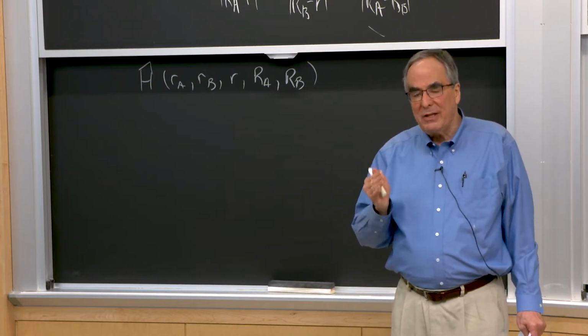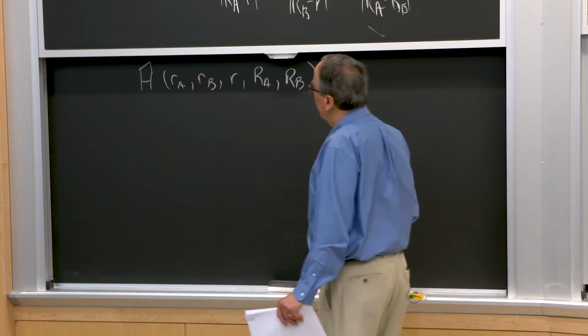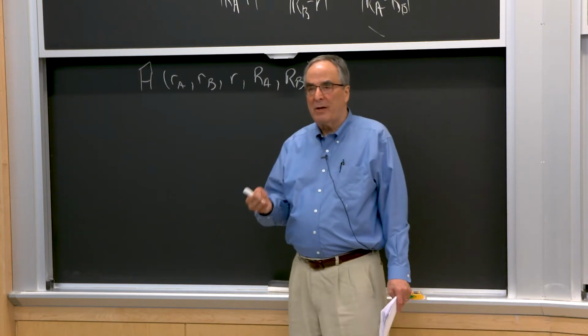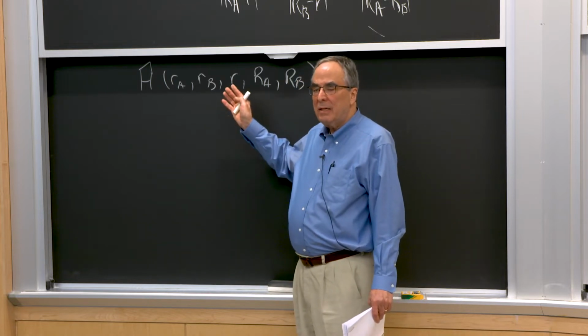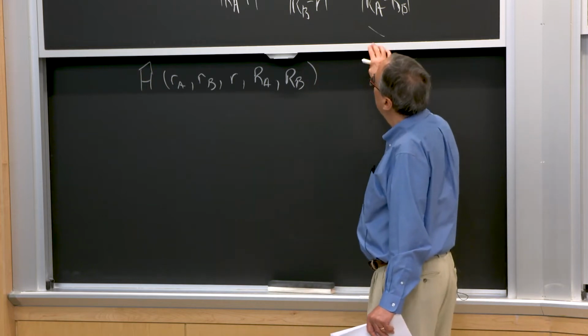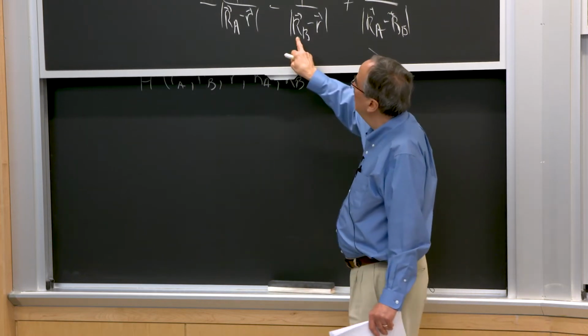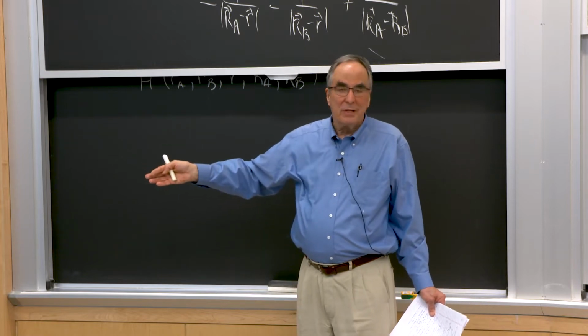Now, we like to think in terms of orders of magnitude. And so it is a very simple matter to say, well, let's simplify this Hamiltonian by clamping the nuclei. They don't move. If they don't move, then the big R's are no longer operators. They're just parameters.